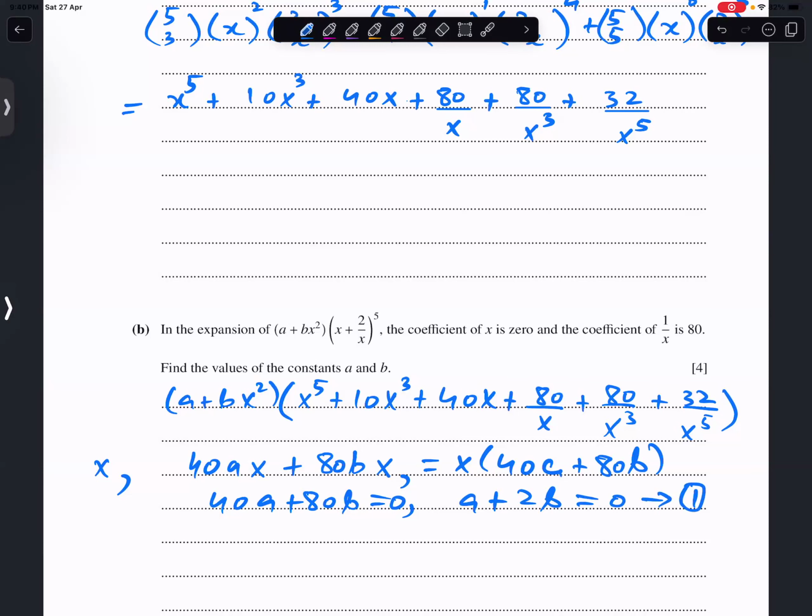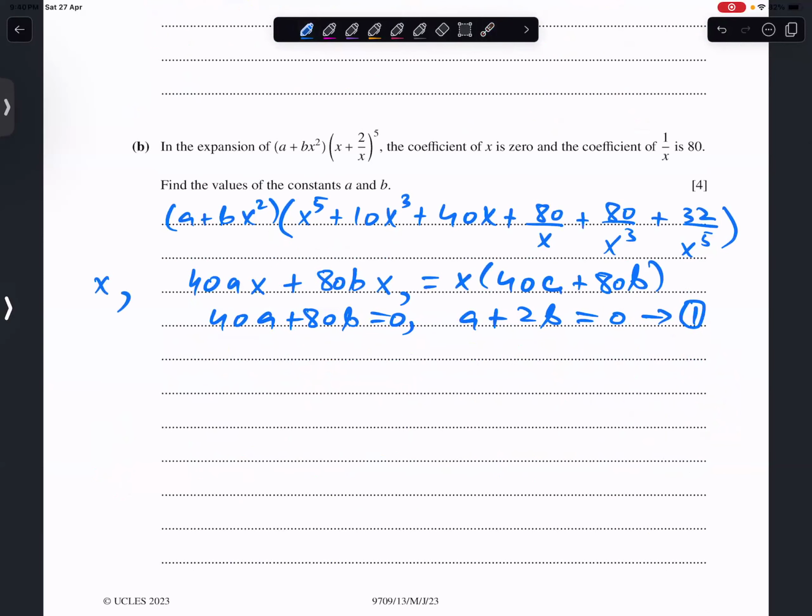Now, the coefficient of 1 over x is 80. So to make 1 over x, we will multiply a with 80. So that will be 80a over x, plus we will multiply bx square with 80 over x cubed.